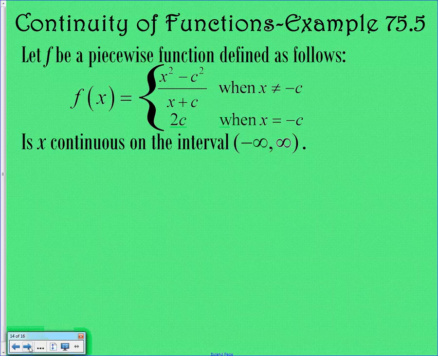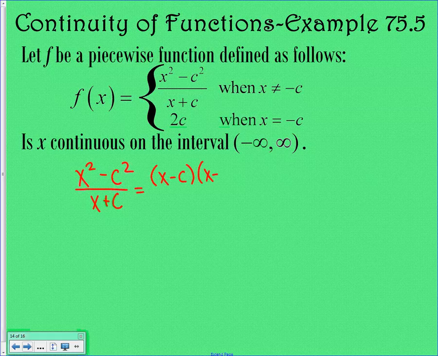So what we need to do here is to try and simplify x squared minus c squared over x plus c. That'll simplify as x minus c times x plus c over x plus c, which will then simplify to x minus c.